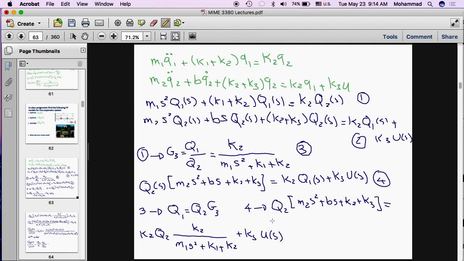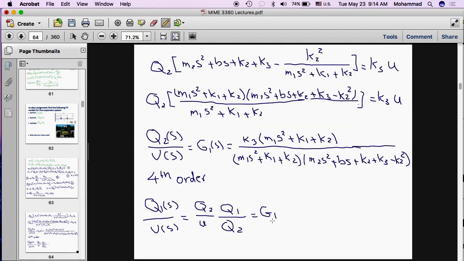Yes, we have it, and we called it G3. So if you take G1 of S and multiply it by G3, then you have what we call G2. We gave the name G2 to this transfer function.